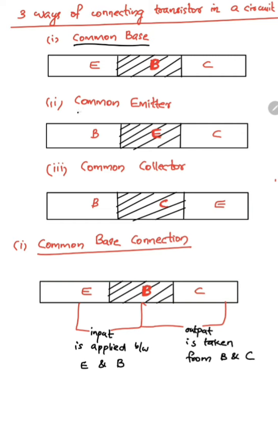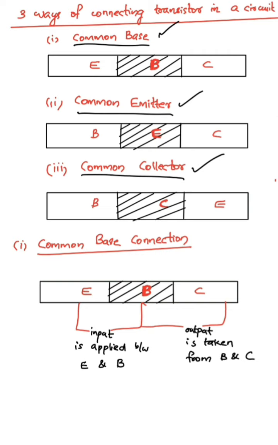Second connection is common emitter connection. In this connection, emitter is common to both input and output terminals. And third method of connecting a transistor is making the collector terminal common to both input and output. So these are the three methods of connecting a transistor in a circuit. We have to study in detail about these three connections.